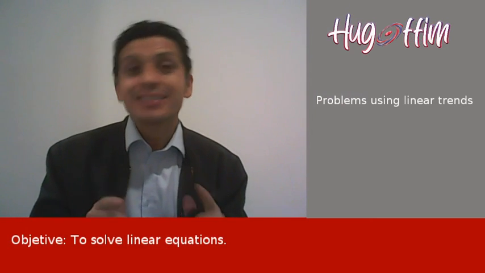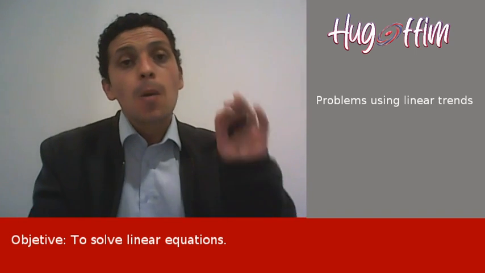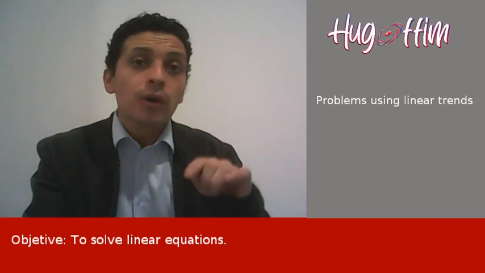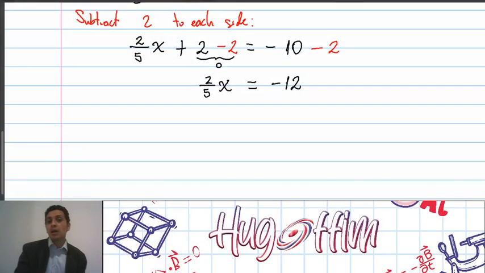And remember that dividing by a fraction is just the same as multiplying by the reciprocal. So we're going to write the reciprocal of the fraction. Remember, reciprocal is just changing numerator and denominator, so it will be 5/2.